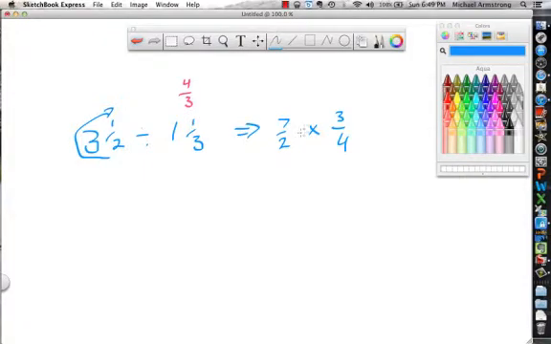Remember, I still have to multiply by the reciprocal, so 4/3 becomes 3/4. And that equals 21/8, which is the same as 2 and 5/8.